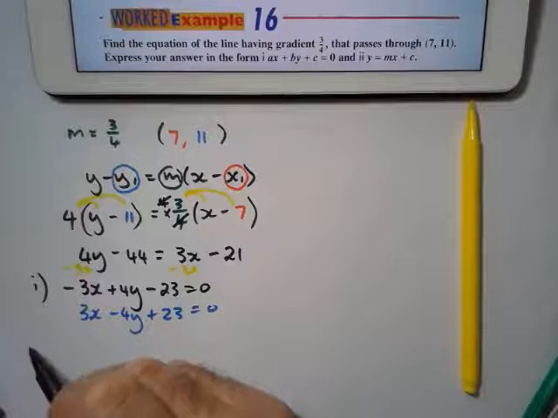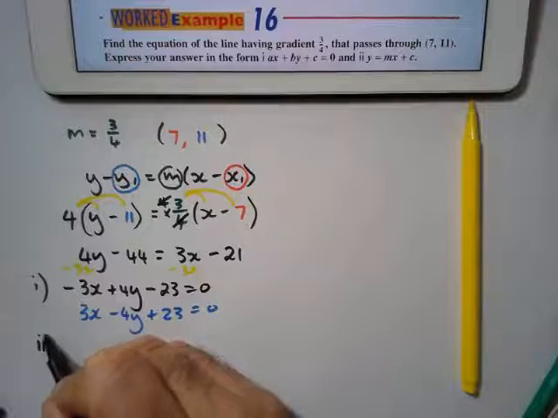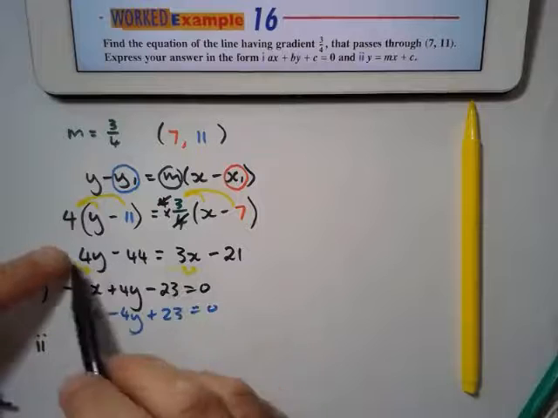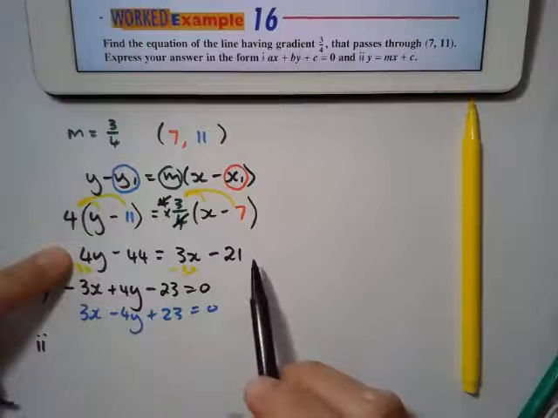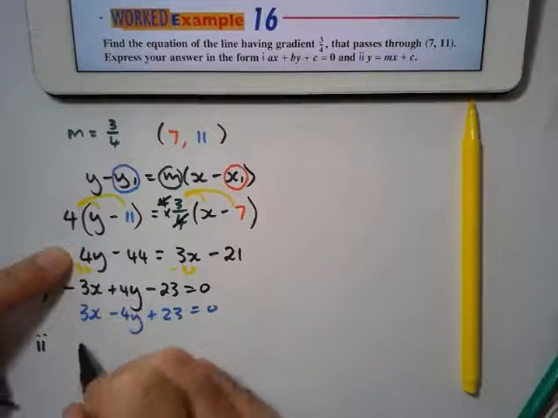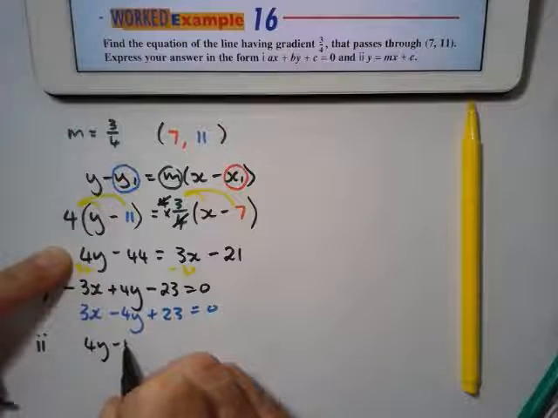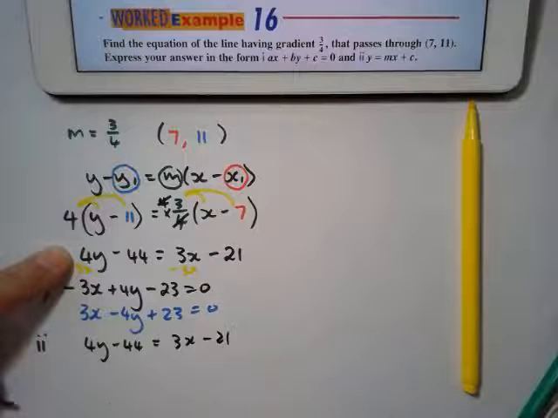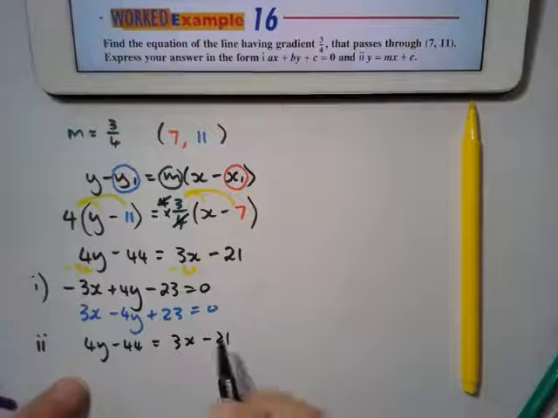In step 2, they ask us to write it in the form of y equals mx plus c. So what I'm going to do is go back to this, it's the easiest way from there, and just take y by itself, which means if I have 4y minus 44, which equals 3x minus 21, I'm going to take the 44 over.